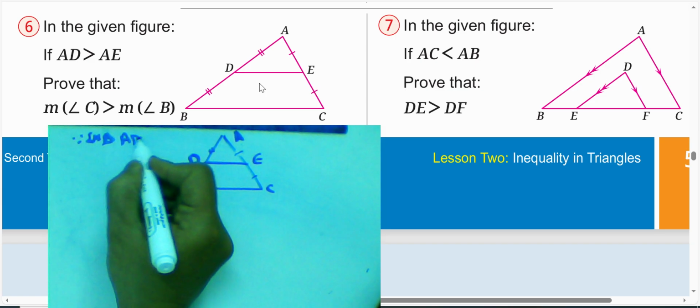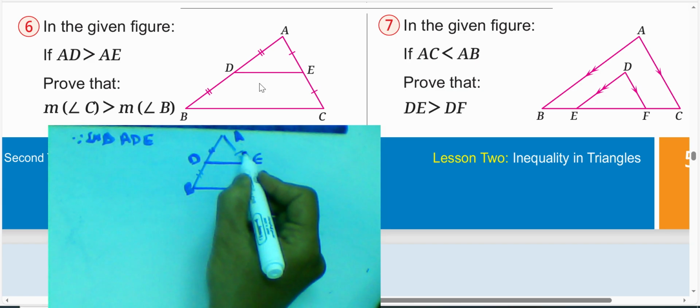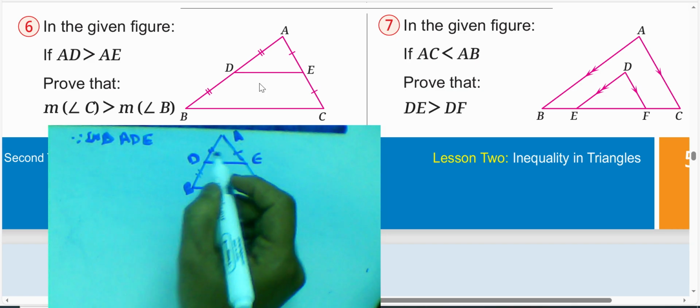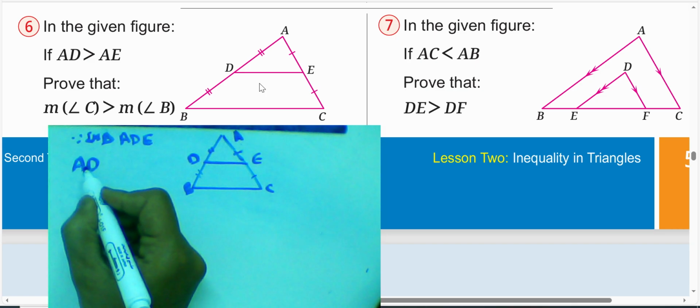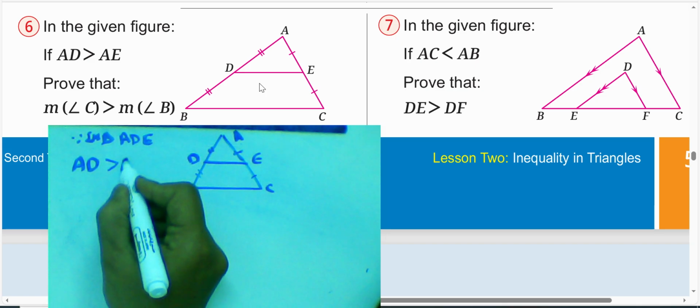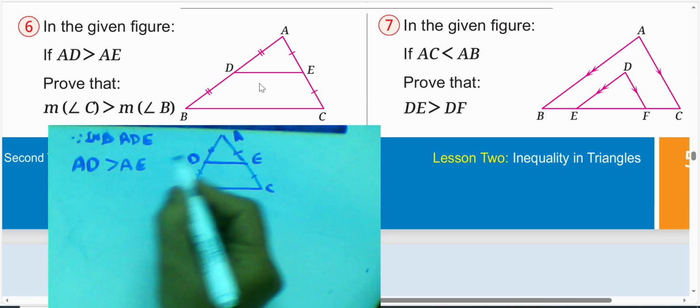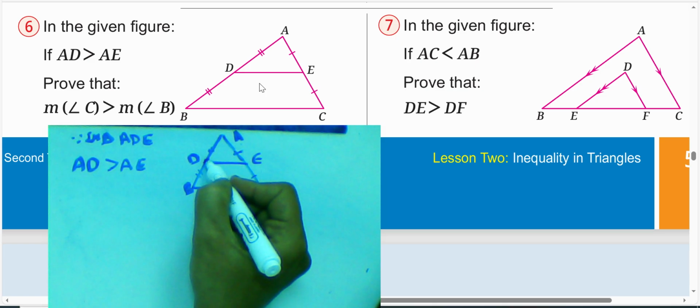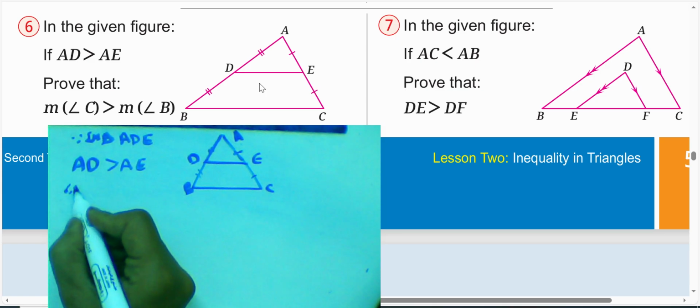Such that in triangle ADE, we have ED greater than EE, this side length greater than this side length.